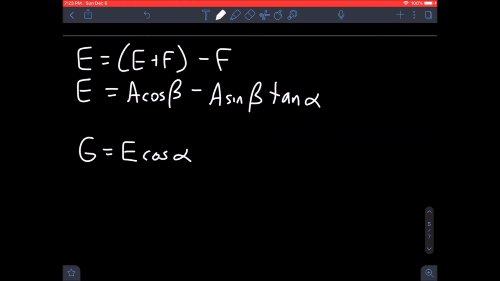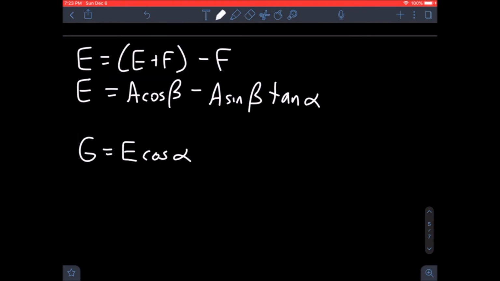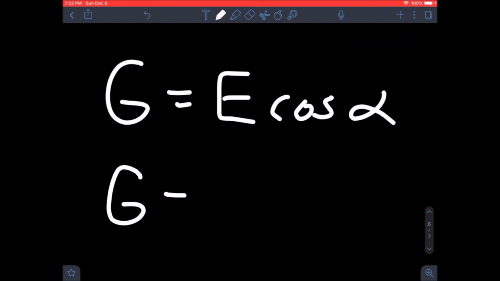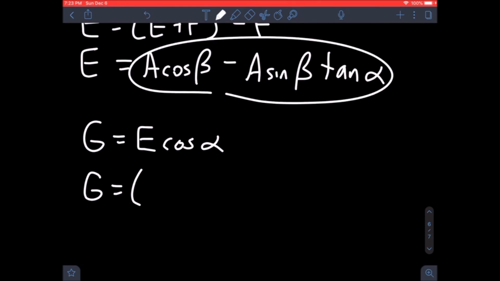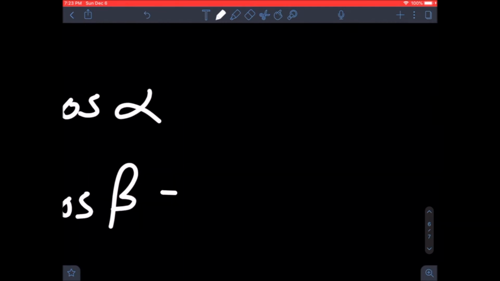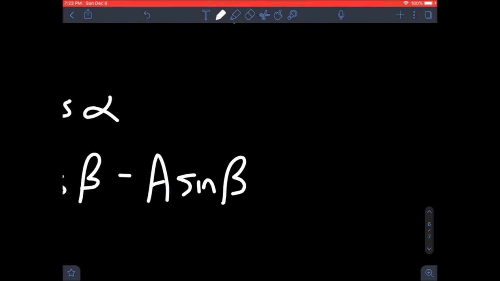All we're doing is taking this E and substituting it into here, right? So G is equal to, let's just take E. E is just this stuff right here. A times the cosine of beta minus A times the sine of beta times the tan of alpha.